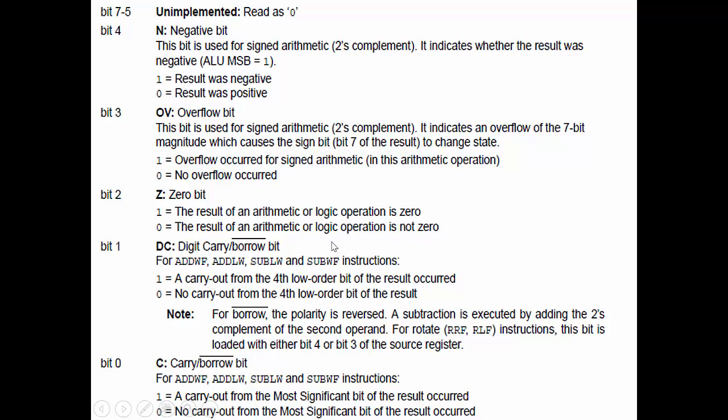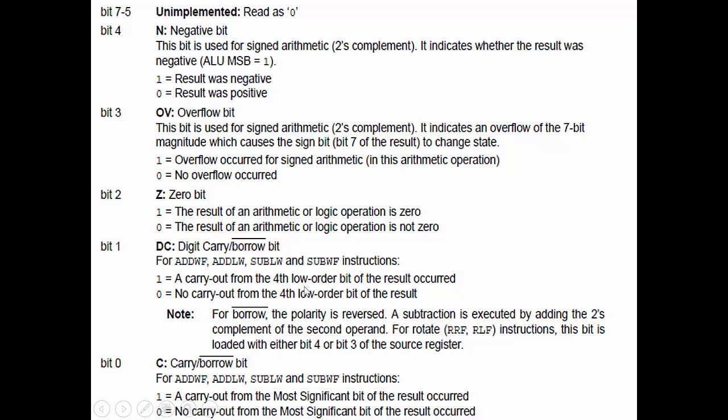If I am adding two 8-bit numbers and adding the third bits together, for example 1 and 1, I get 10, that is 0, and 1 is your carry, which is to be added to the next bit. That will be indicated by this DC.